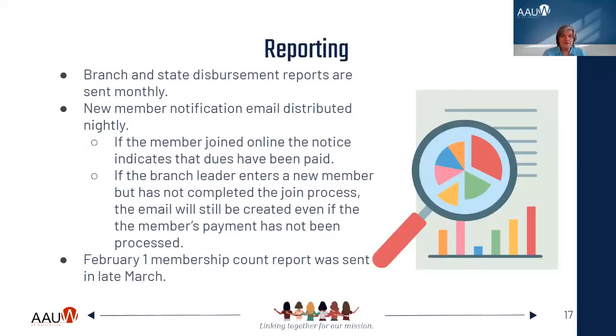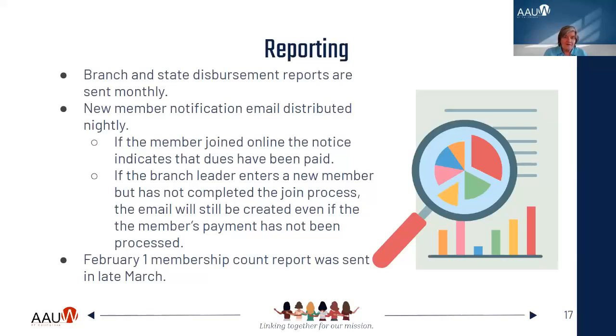So reporting: how do you find out what has happened? Branch and state disbursements reports are sent monthly, and that's going to give you a list of everything that happened during that month. For example, did the life members renew? You'll be able to find that out. If new members join, you will get a nightly notice of what happened that day. If the member joined online, it will give you notice that the dues have been paid.